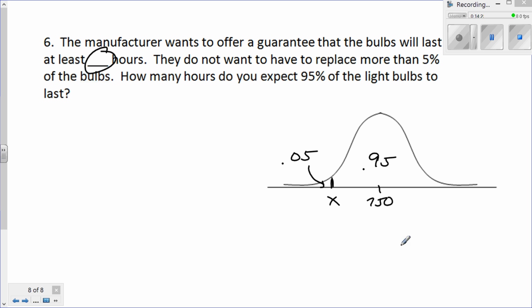So we're going to go backwards into our table. If we look in our table, we've got a z column and we've got a probability column. And what we're looking for in the probability column is a 0.05. Go ahead and take a look at your table, see if you can find that value.